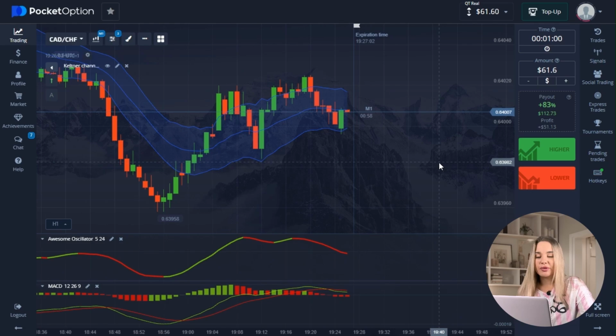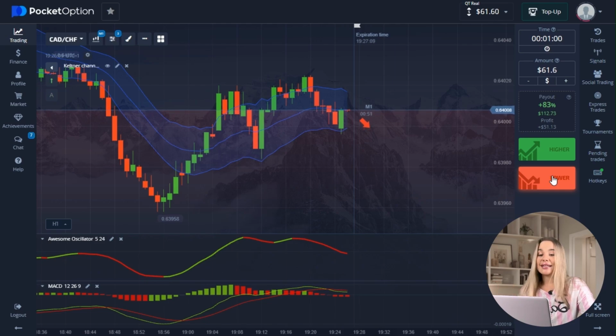I constantly repeat from video to video that indicators are not predictors. They show what is already on the chart, and sometimes they do it with a delay. So it's just a formula through which data is run. And if you blindly believe only in them, they will certainly deceive you. I guarantee it. And they will do it regularly.